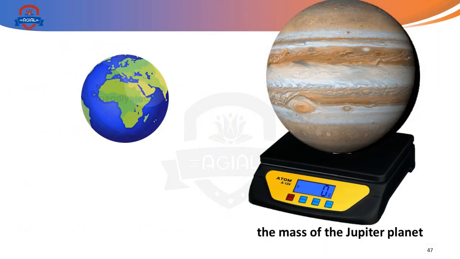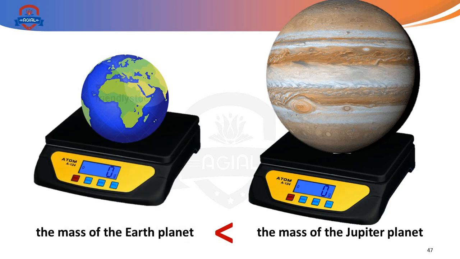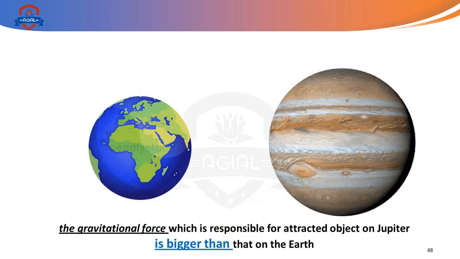As the mass of the planet Jupiter is bigger than the mass of the planet Earth. So the gravitational force, which is responsible for attracting objects on Jupiter, is bigger than that on the Earth. Or we can say the weight which attracts objects on Jupiter is bigger than the weight which attracts objects on the Earth.